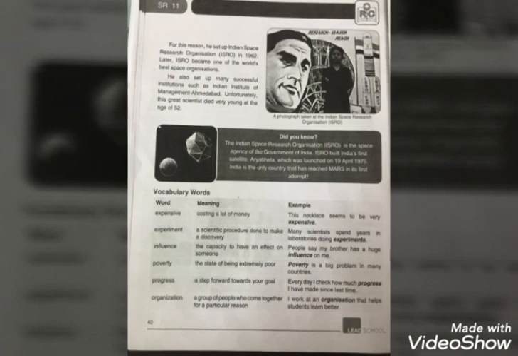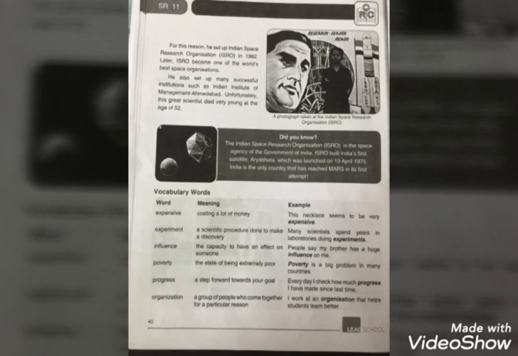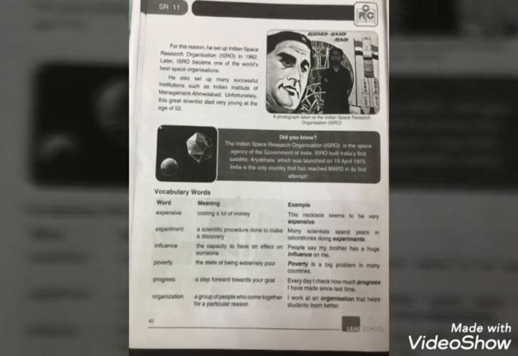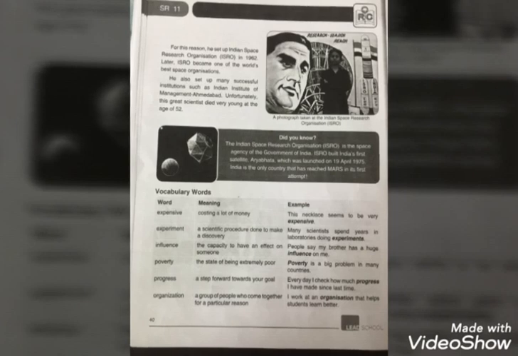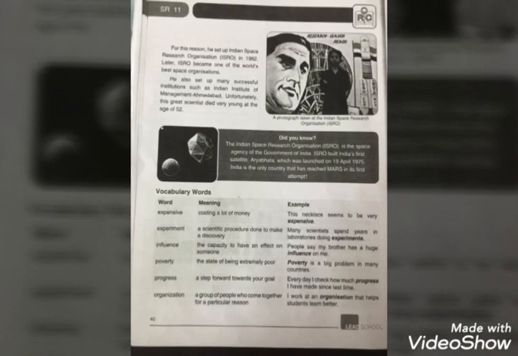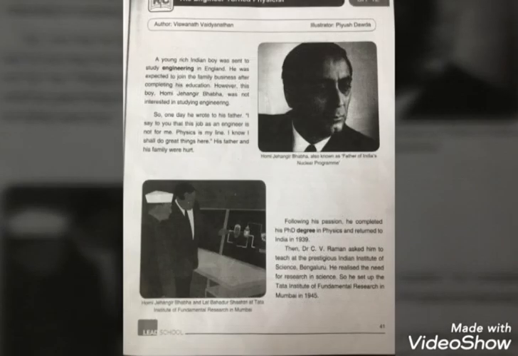So students, in the last lesson we learnt about how the professor became a scientist. Okay, now this next lesson will give a picture of an Indian engineer turned physicist. See, a young rich Indian boy was sent to study engineering in England. He was expected to join the family business after completing his education.